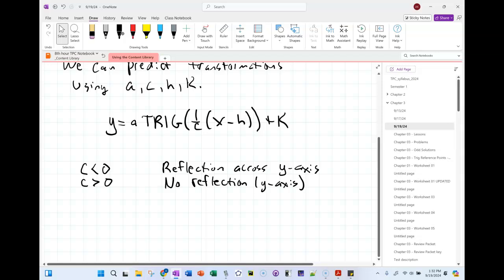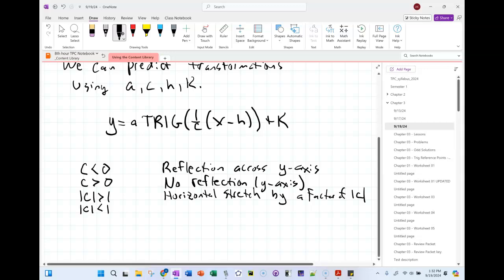So the magnitude of C also matters to us. So if that magnitude of C is bigger than 1, we have a horizontal stretch by a factor of C. And if that magnitude of C is less than 1, we're going to have a horizontal shrink by a factor of C.